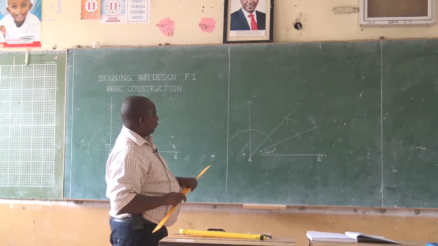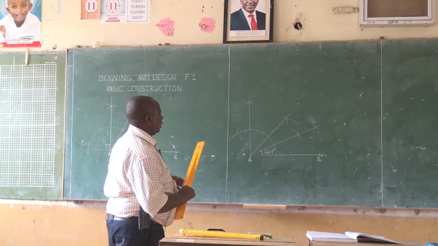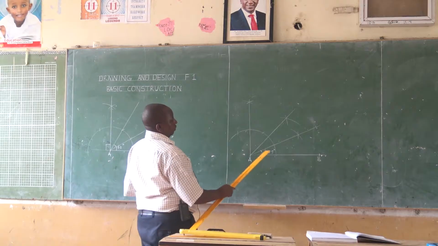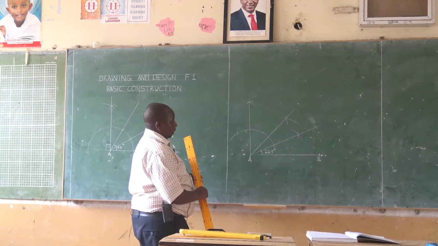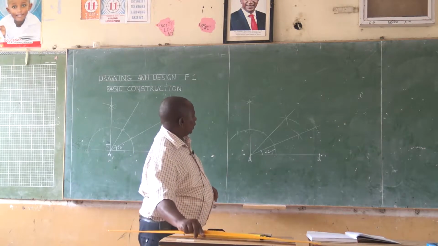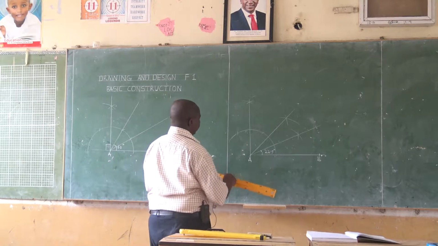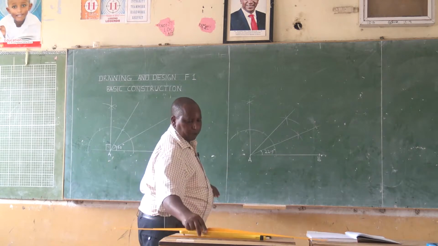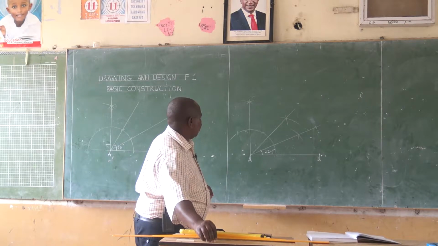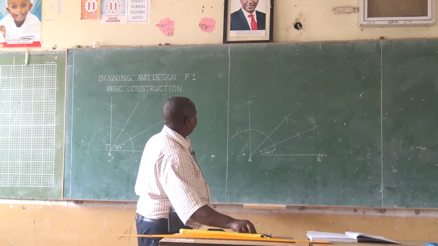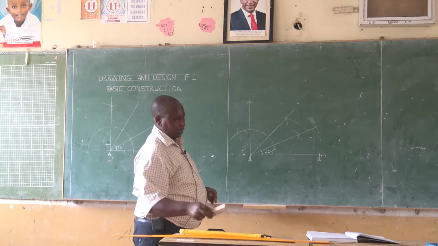And of course, if you add 22.5 degrees to 45, you can get an angle of 67.5 degrees. If you went to the reverse side of these angles, you can get the supplementary angles to 22.5 degrees, 45 degrees, and so on.